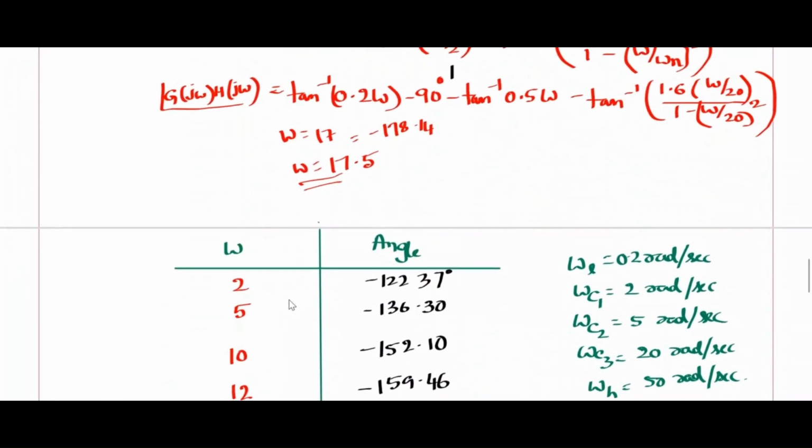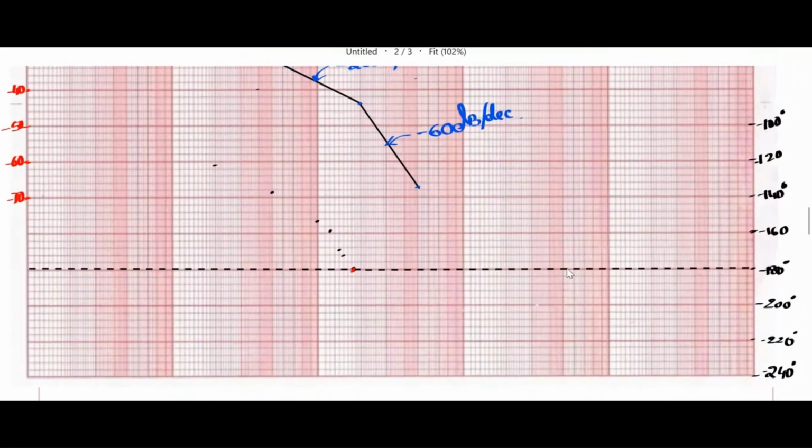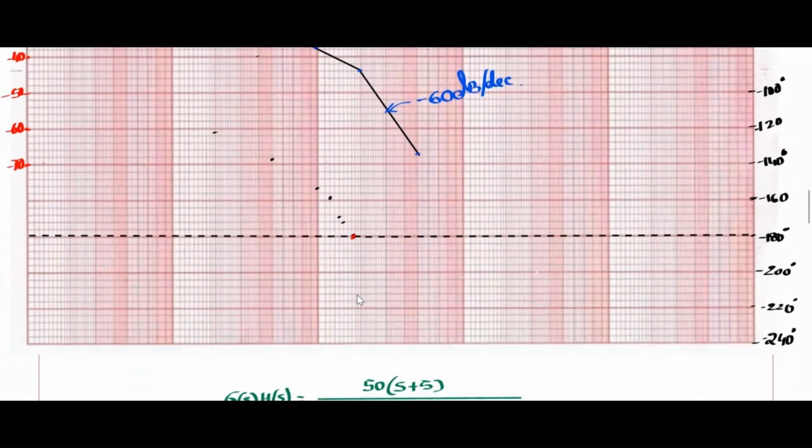After that, I have for 19 minus 185. 19 is somewhere here, at this point. Okay.